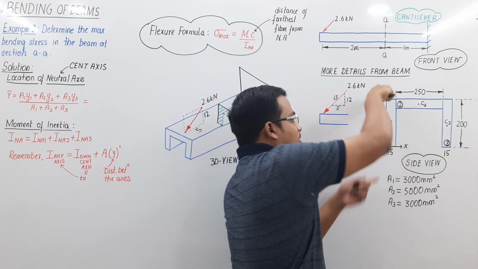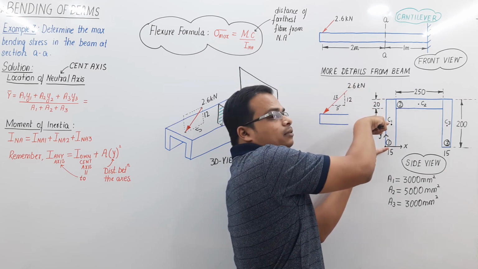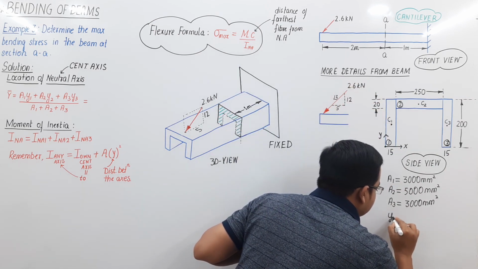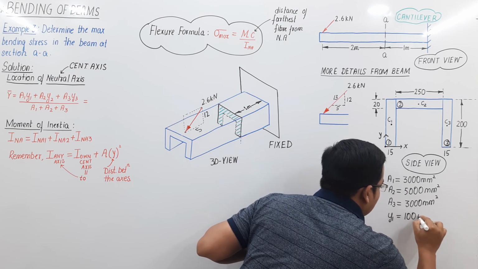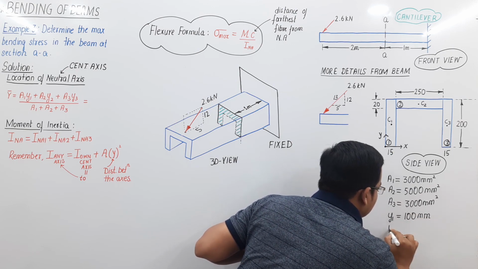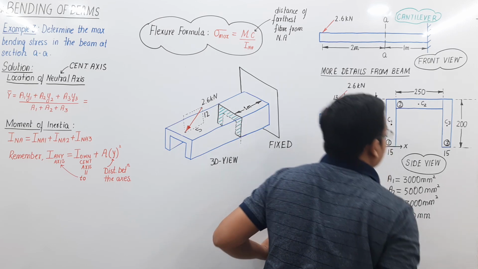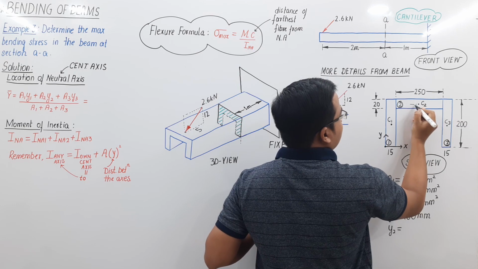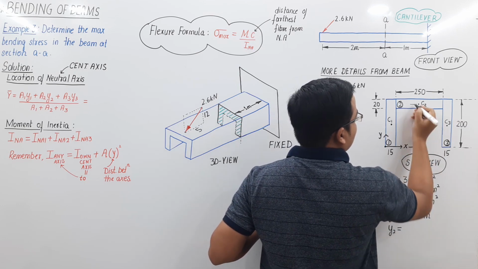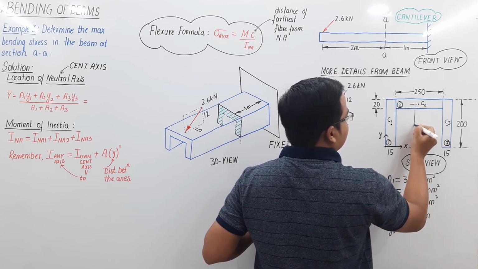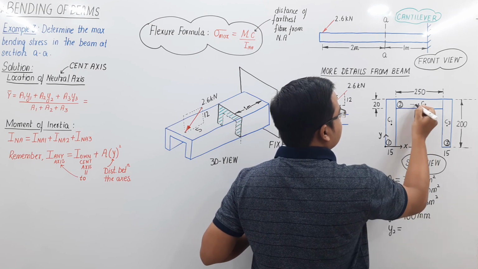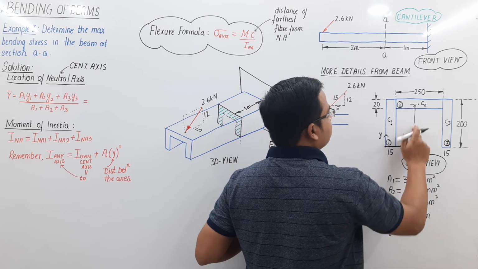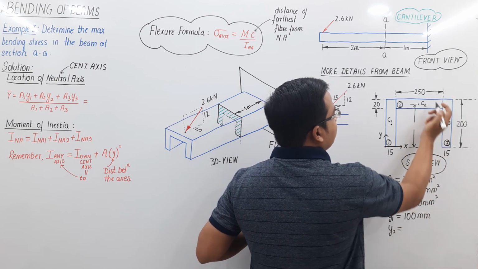So y1, this is 200, half of 200 is 100. So y1 is going to be equal to 100 mm. Keep watching. What about y2? If I draw a line like this, how much is this distance? This entirely is 200.